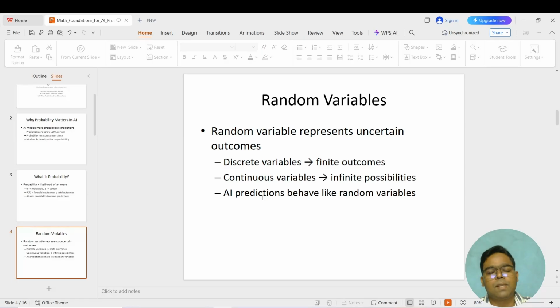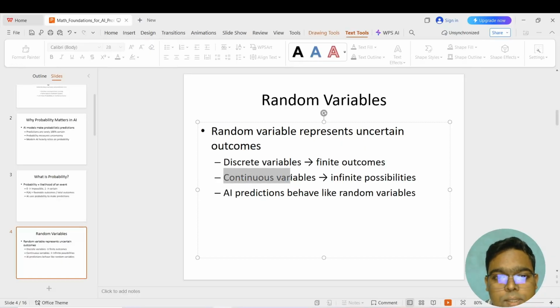That mass is not certain, for example 100.0162 kilograms. This is a continuous variable, because there are infinite possibilities within a range, right?